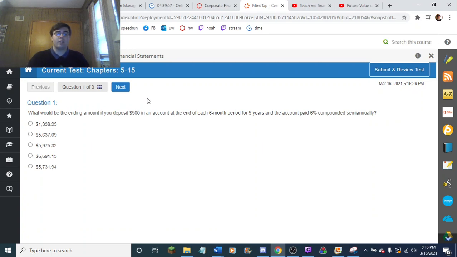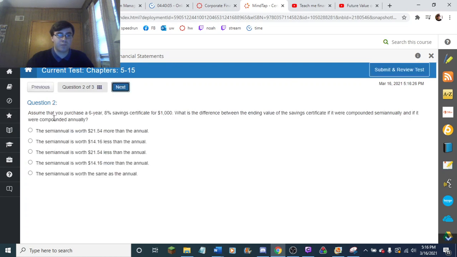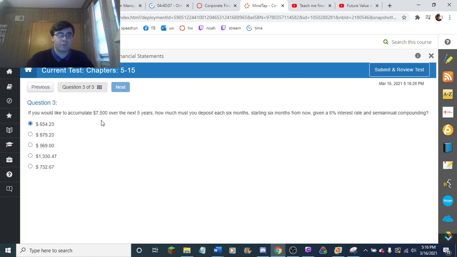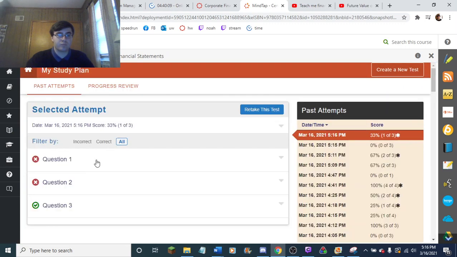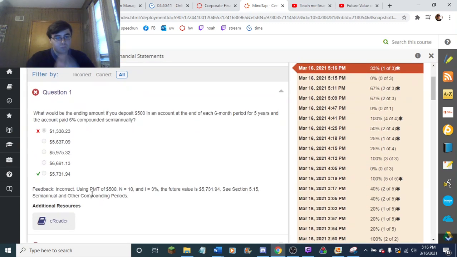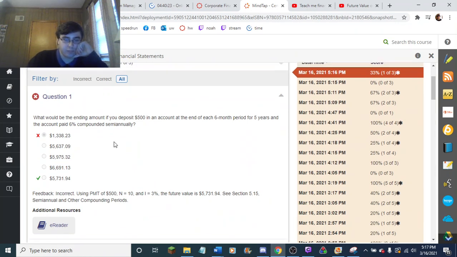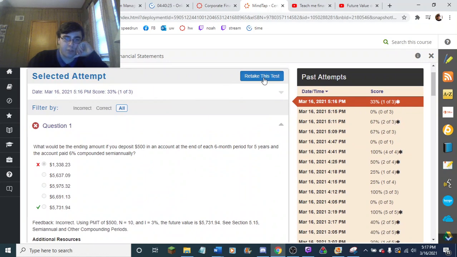Compounded semi-annually. That's the question. Number equals 10. Interest rate equals 3%. So I've done something similar to this before.